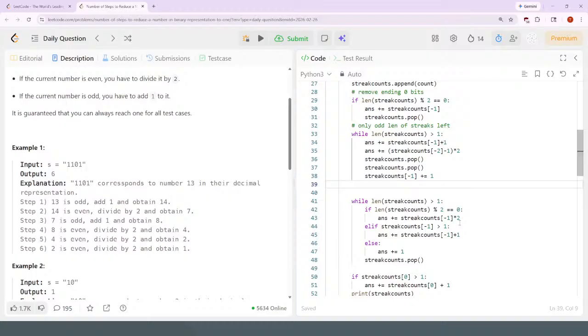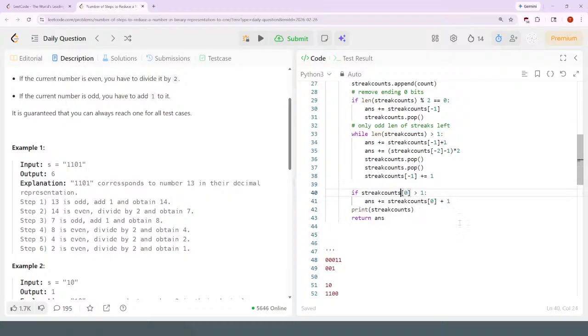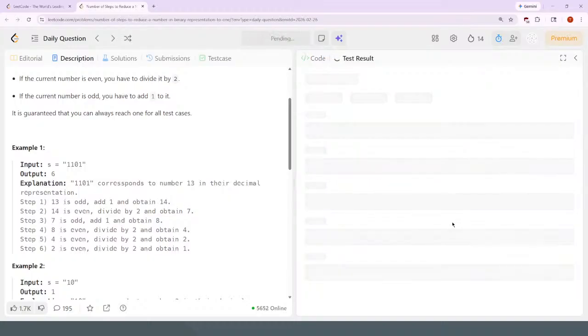And then that gives me the final streak, and if the final streak is anything more than 1, then it does the regular operation to convert a bunch of ones into a single one. I think this should work.